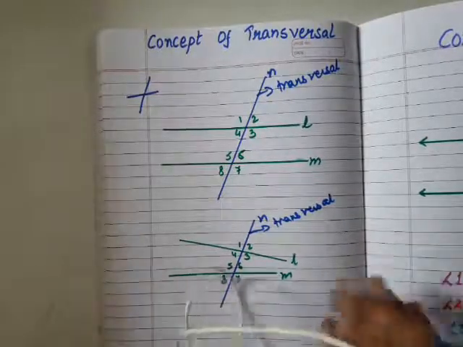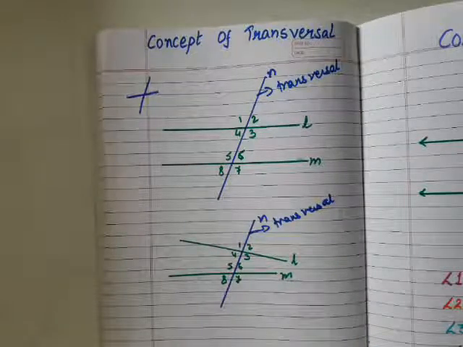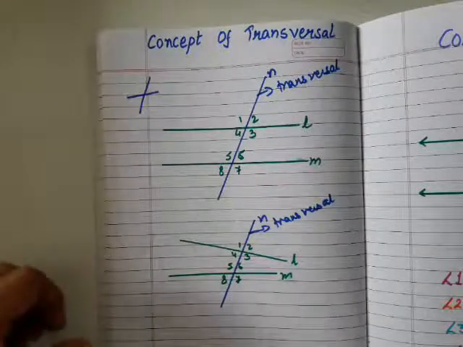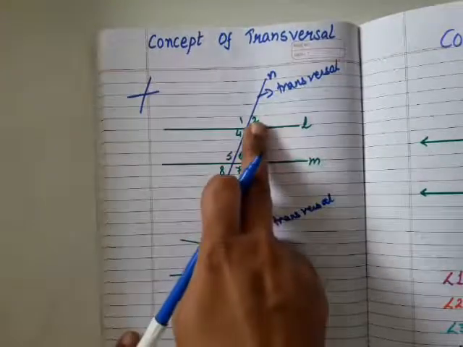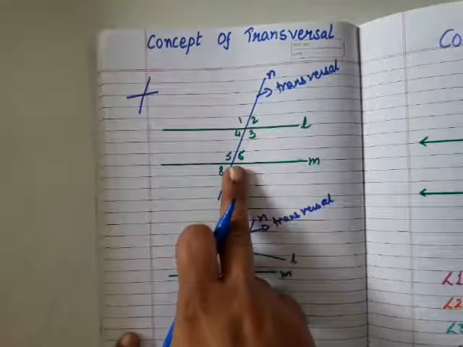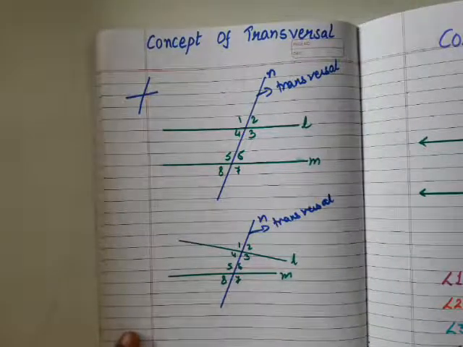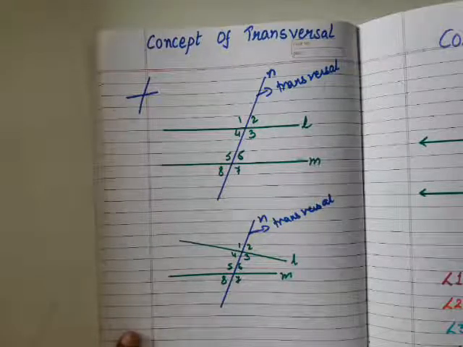First we are going to understand the names of the angles. When two parallel lines are cut by a transversal, how many angles are formed? 8 angles are formed, 4 on each line: 4 angles on the first line, 4 angles on the other line. So in total 8 angles are formed. If 3 lines are there, how many will be formed? That is 12.